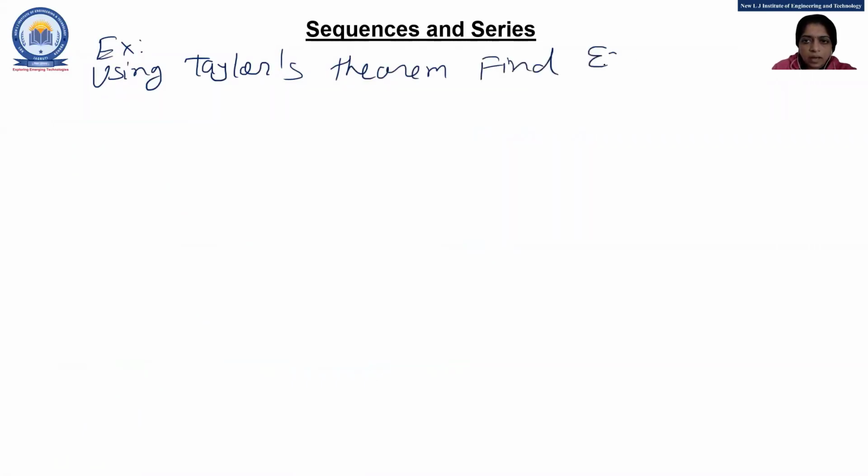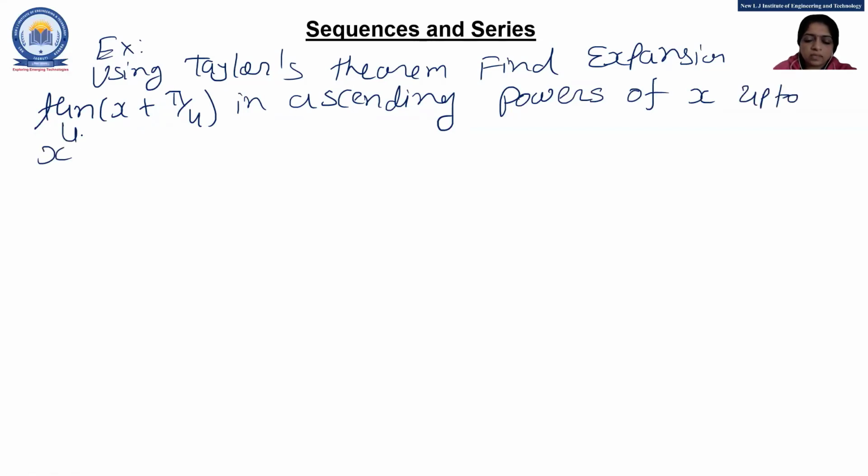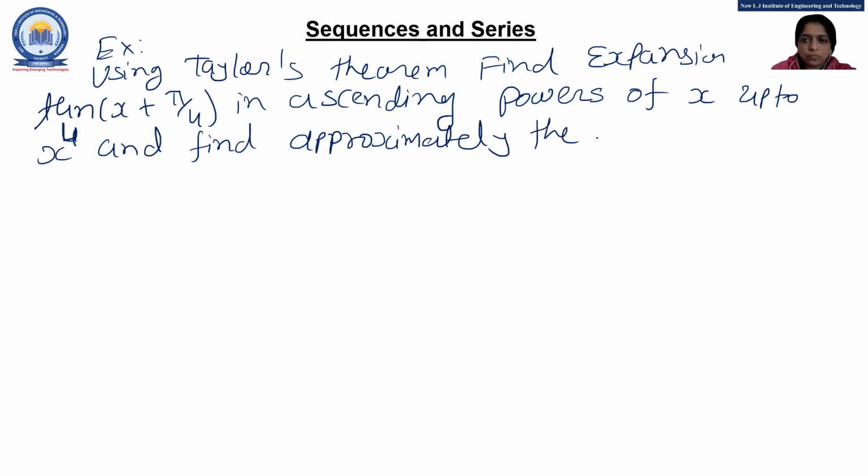Using Taylor's theorem, find the expansion of tan(x plus pi by 4) in ascending powers of x up to x raised to 4, and this is for students, and find approximately the value of tan 43 degrees. Okay, so let's start the solution here.